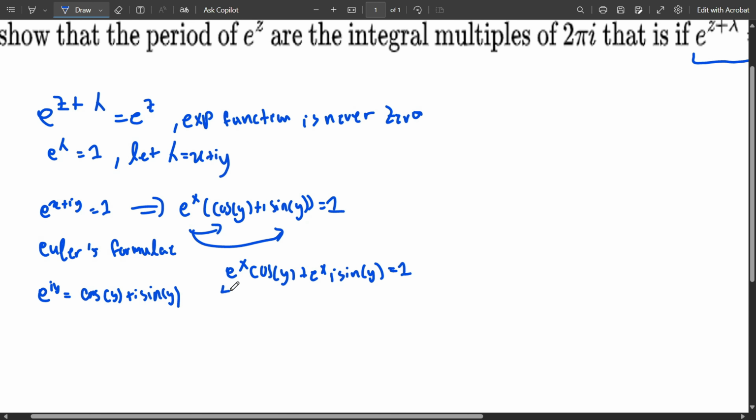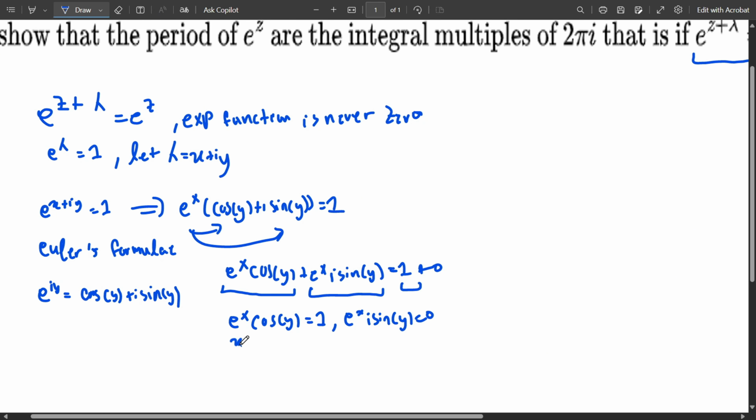Well, the real part equals the real part, and the imaginary part equals the imaginary part, which is just 0. And so we have e to the x cosine y equals 1, and also e to the x times i sine y equals 0.